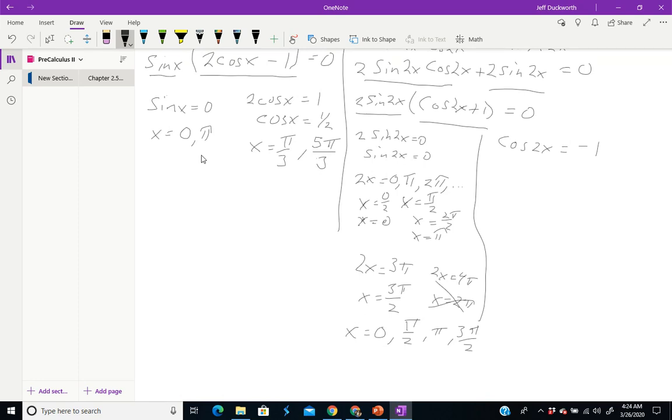So we have 2x equal to pi, which means x equals pi by 2. And another possibility is 2x equals 3 pi, which means x equals 3 pi by 2. If I had 5 pi, that 5 pi by 2 is going to be outside my scope, so I'm done here. But please notice that both of these are already answers that we have over here.